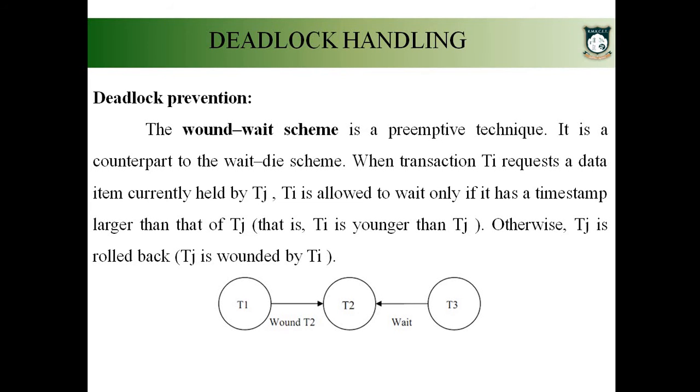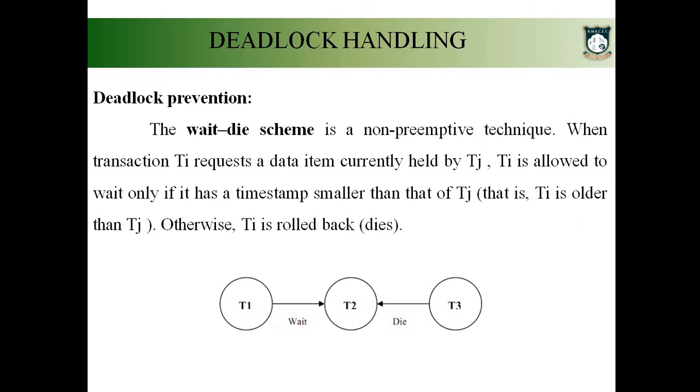The next scheme is the wound and wait scheme. Okay, the same diagram but with some slight changes. Now this wound and wait scheme can be called a preemptive method or preemptive technique. The earlier one can be called non-preemptive. So what do the terms preemptive and non-preemptive refer to?